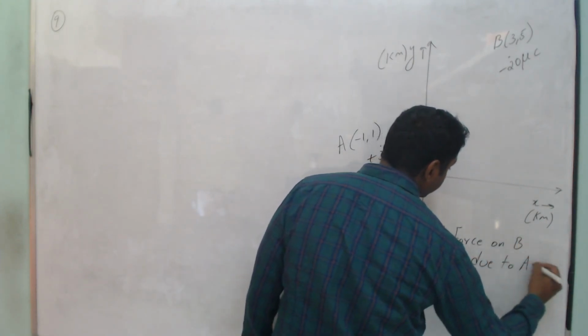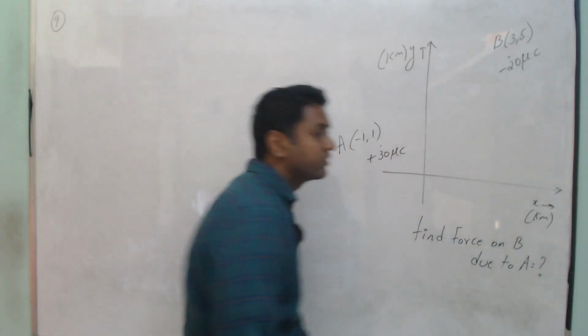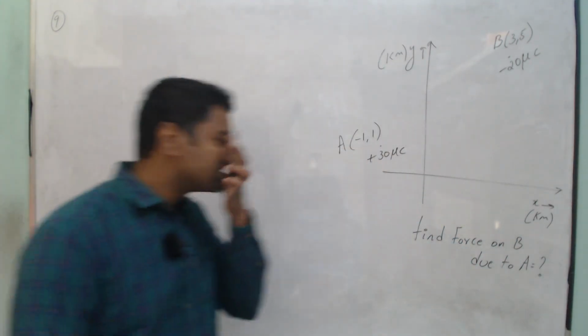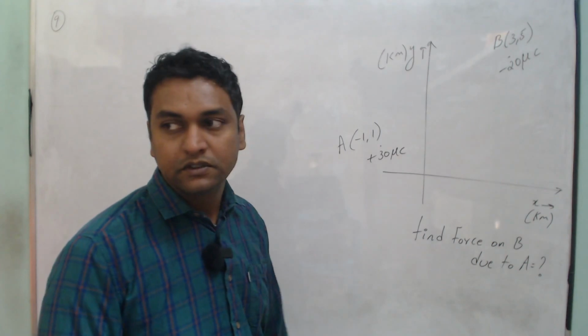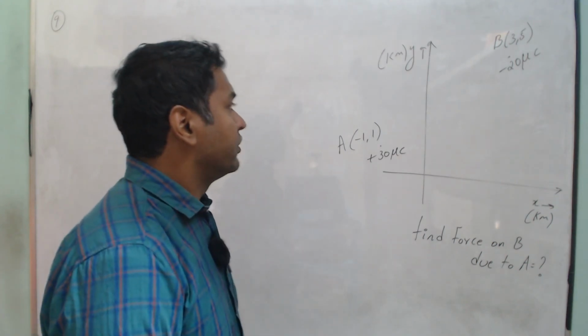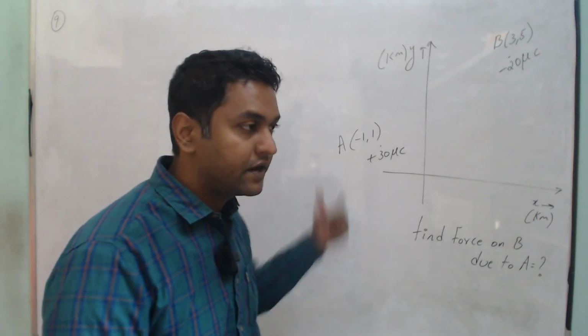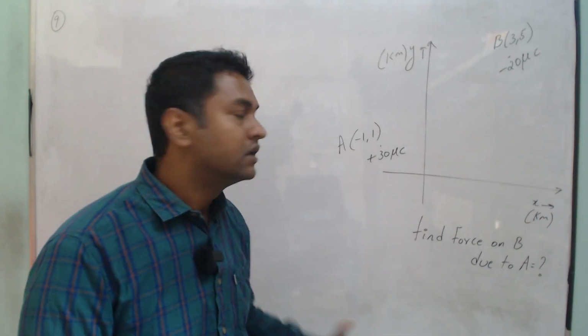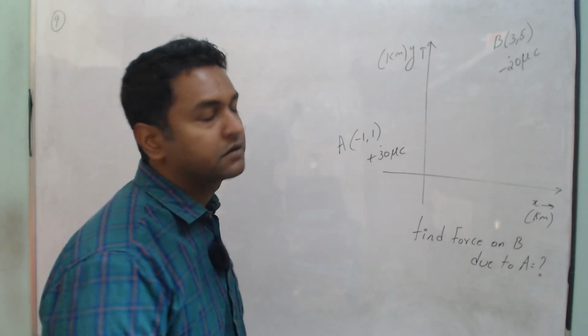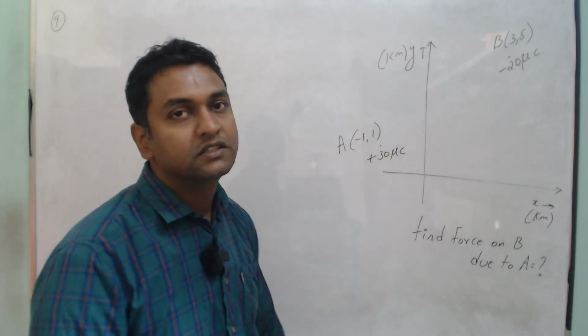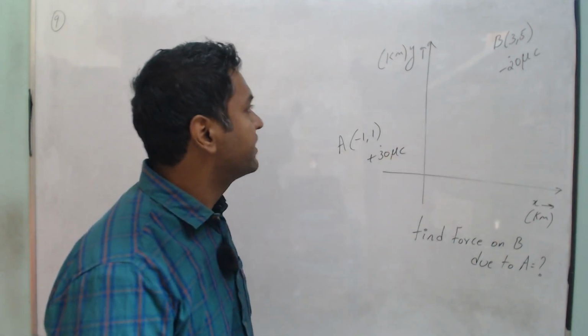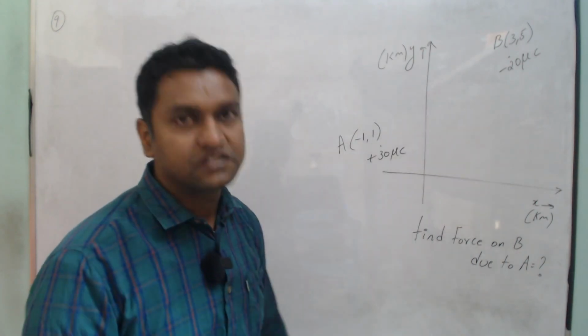I want you to first look at how I am solving, then you solve. Next one you solve by yourself. Like in the definition of Coulomb's law, we had R bar and R. That means I want position vector in terms of I cap j cap, that is unit vector, and I want the magnitude of the distance between them also.